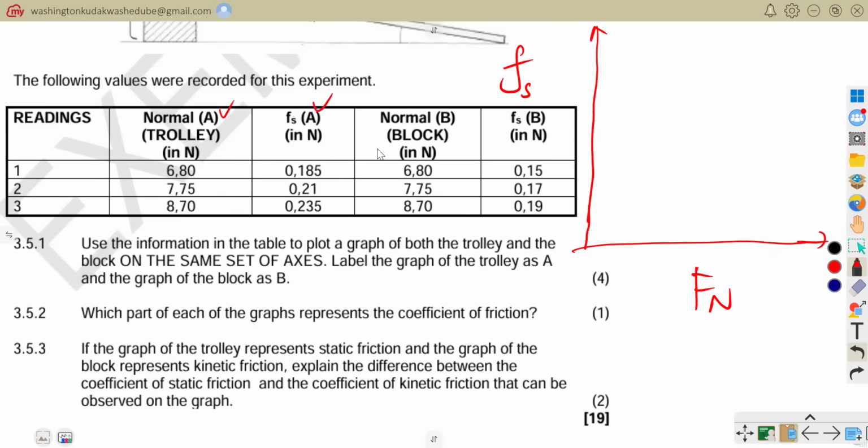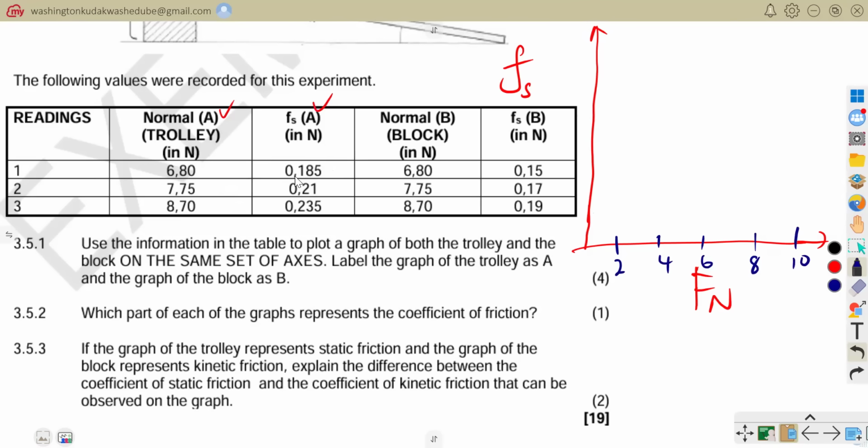So here we have got 1, 2, 3 values: 6.8, 7.75, and 8.7. I'm going to use a sketch and later show you the actual graph. So for your normal force, let it be 2, then 4, then 6, then 8, and then this one would be 10.